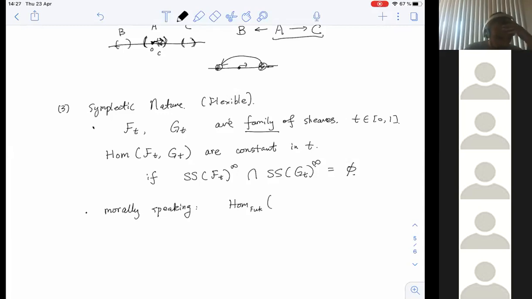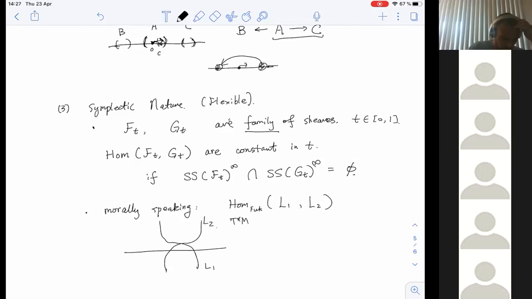Okay, I'm no expert in the Fukaya category, so I'm just drawing some pictures. So you have, say, two Lagrangians, L1 and L2, in the cotangent bundle T*M.